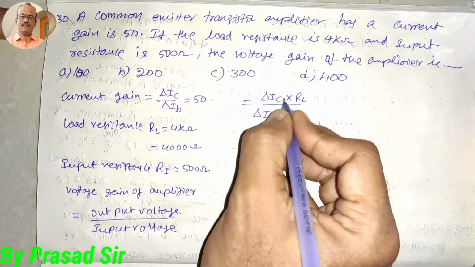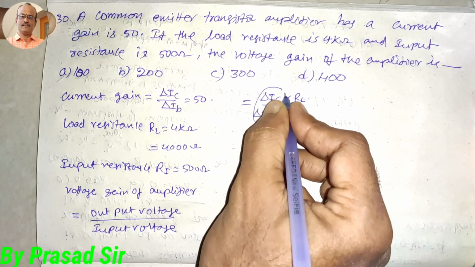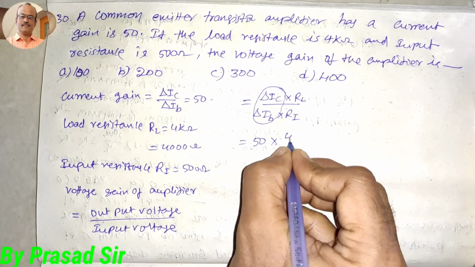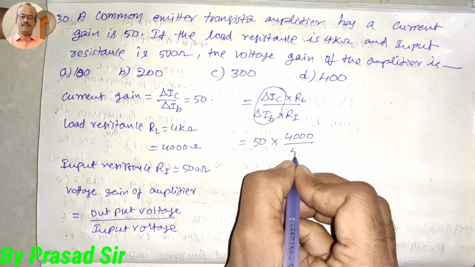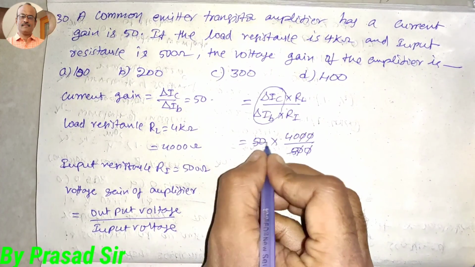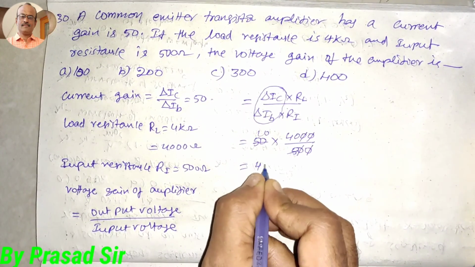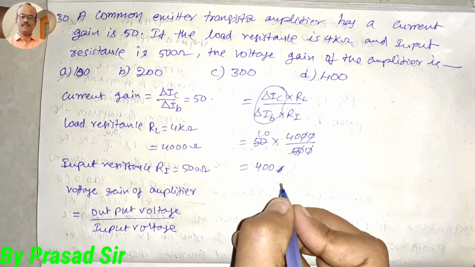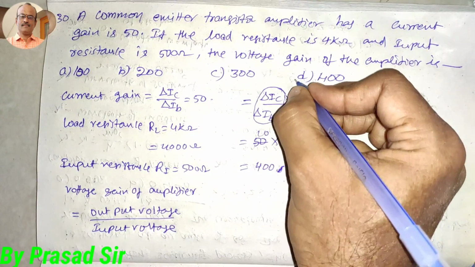So we know delta IC by delta IB is nothing but current gain 50, into load we will take as 4000, and this is 500. So 2 zeros cancel, 5 tens are 50, so here 400 is the voltage gain. So which option is correct here? Option D is correct.